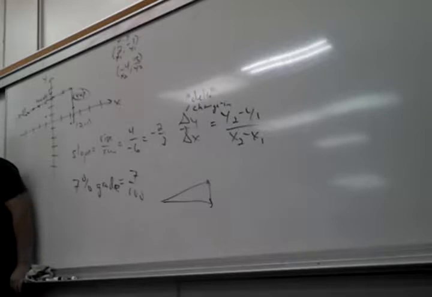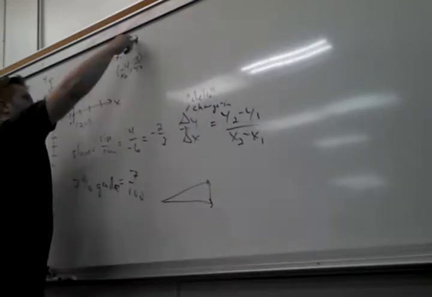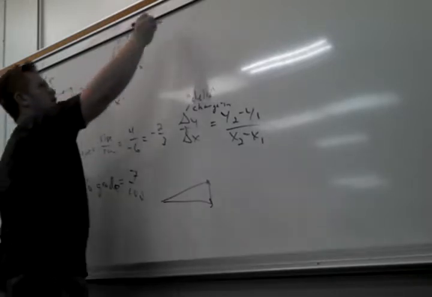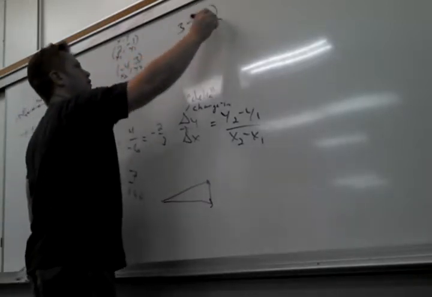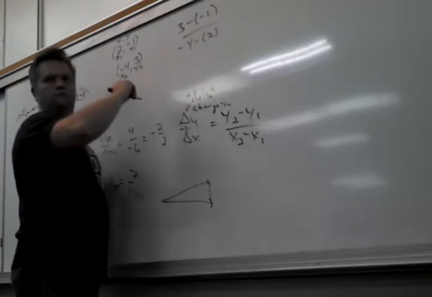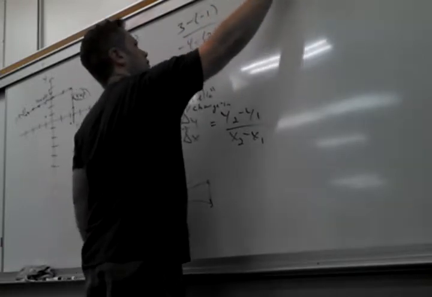The only reason that the 2 and the 1 are there is so you don't go the wrong way. If I go this minus this, I must then go this minus this. So if I did 3 minus negative 1 on top, I must do negative 4 minus 2 on the bottom. So that would be 4 over negative 6, which is my negative 2/3.